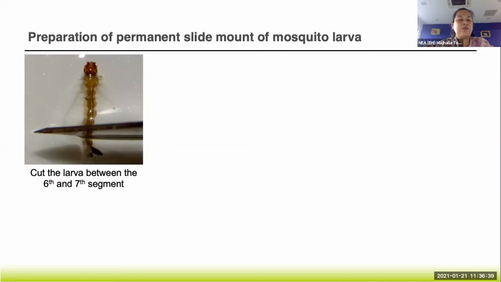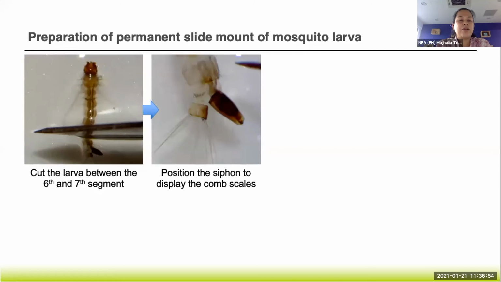But if you don't cut carefully, cutting between the seventh and the eighth is actually too close, and you might cut your comb scale. So better to cut a little bit higher, at the sixth and the seventh segment. Then you can position your siphon and lay it flat on your glass slide, and then you can display your comb scales better.